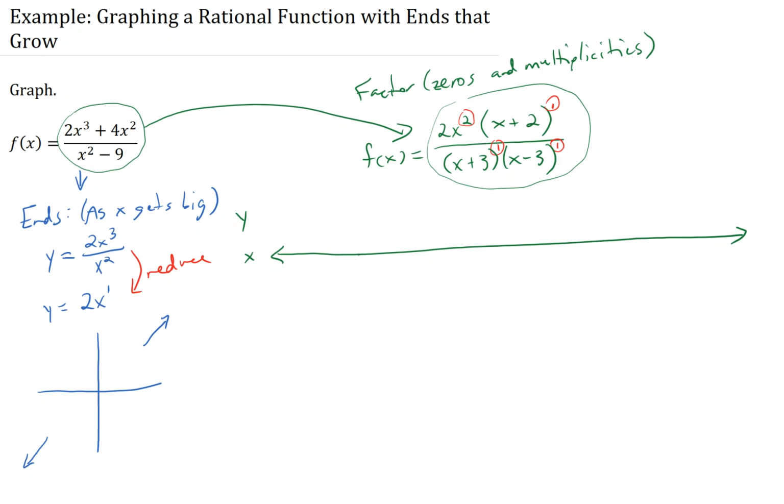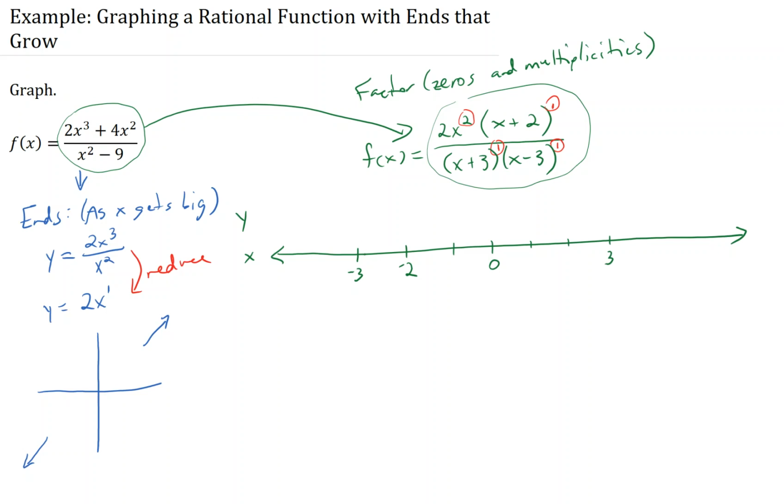So the first one is -3. Then I've got -2. -1's not a 0. 0 is a 0. 1 is not a 0. 2 is not a 0, but 3 is a 0. So I'll list all my zeros there. And the multiplicities of these are circled in red, so that's going to help us.